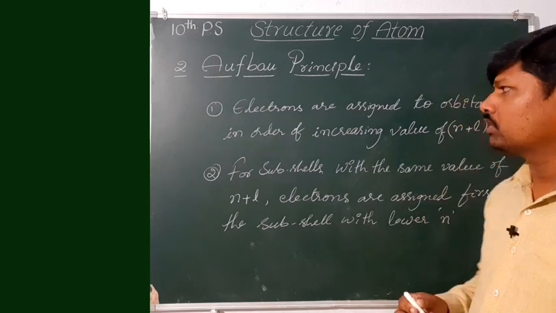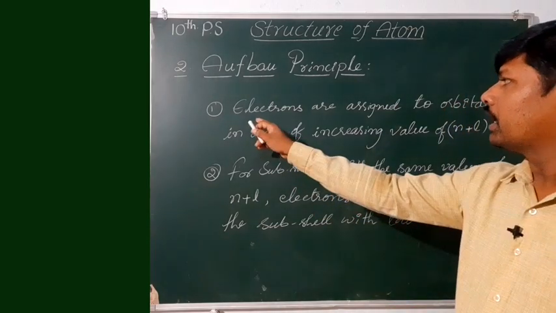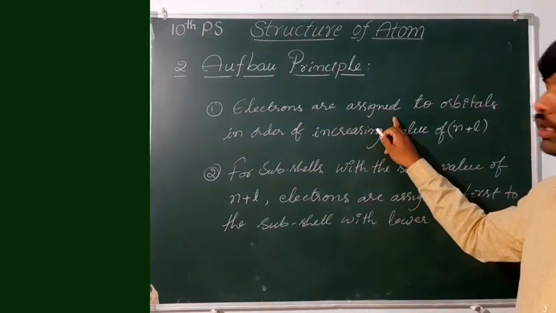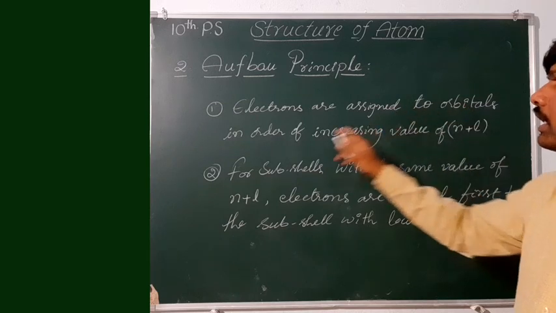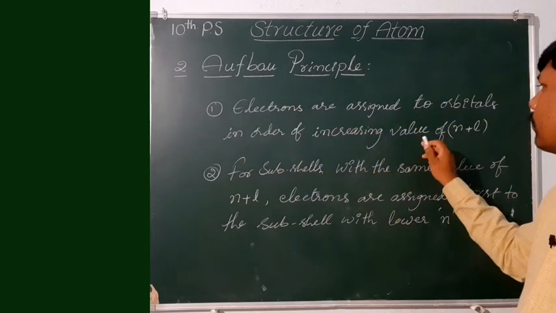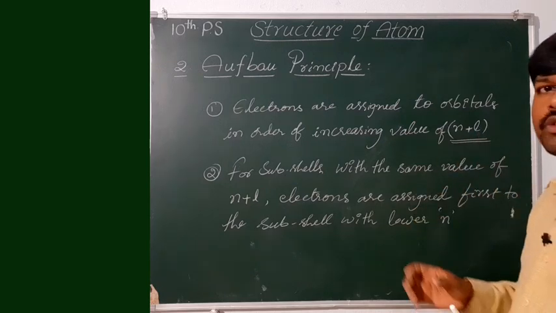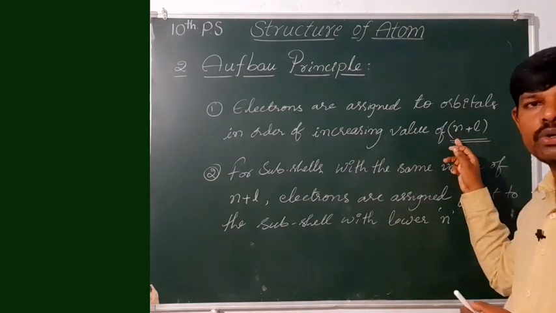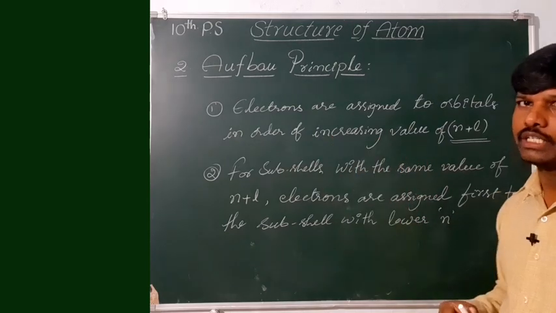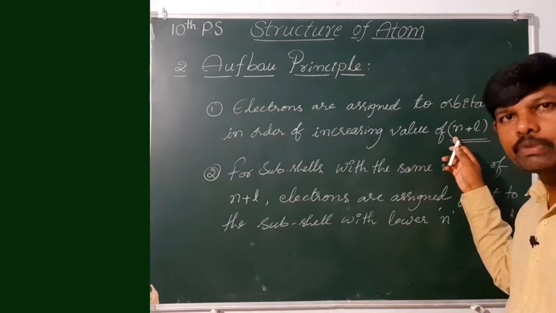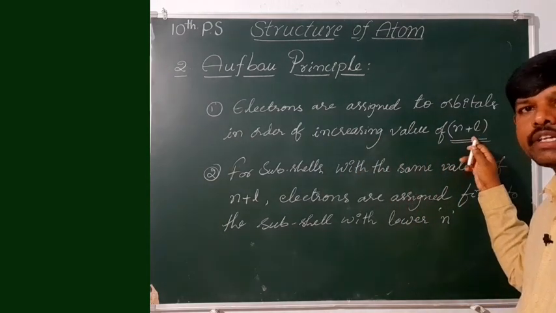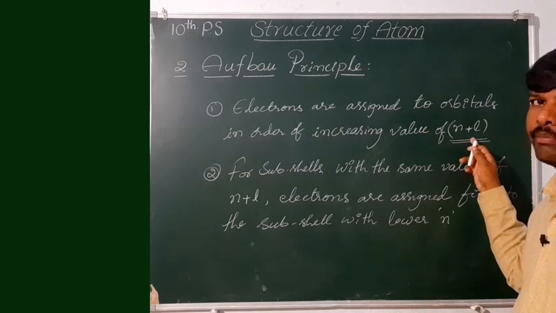The 2 general rules are: first, electrons are assigned to orbitals in order of increasing value of n plus L. So electrons should follow the n plus L value to occupy the orbitals. We know n is the principal quantum number, and L is the angular momentum quantum number.